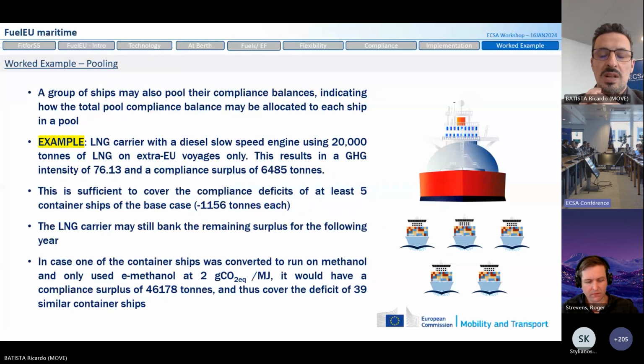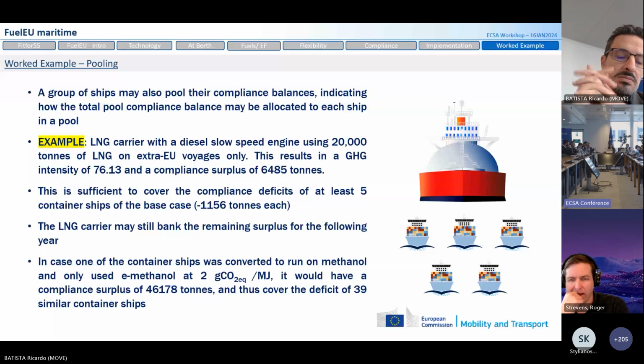Case of pooling is quite interesting. So the case of pooling, and before going into the exact example, the pooling will reward overachievers that achieve significant compliance balance for a specific reporting period. If the compliance balance is significant enough to provide for compliance of other ships, a company may, point 1, bring other ships of the fleet into compliance.